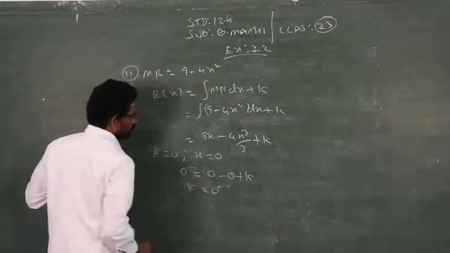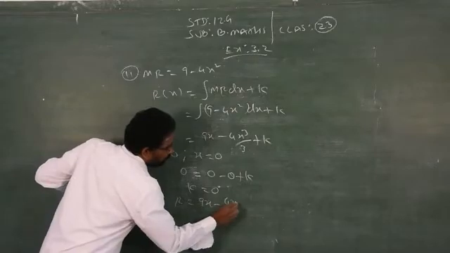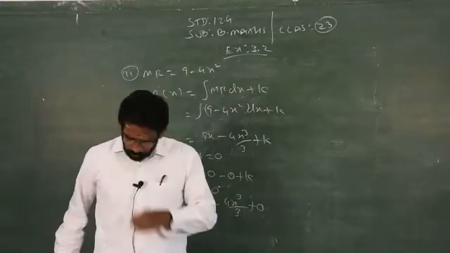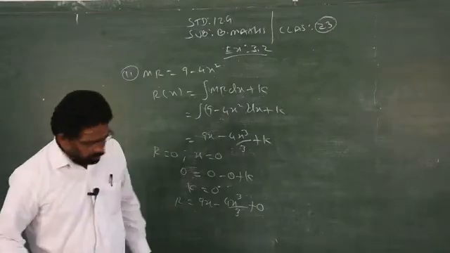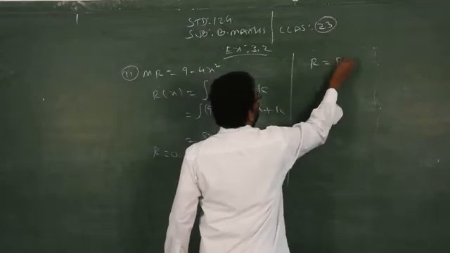Therefore k is equal to 0. So r is equal to 9x minus 4x cubed by 3 plus 0. That's the answer. Clear?